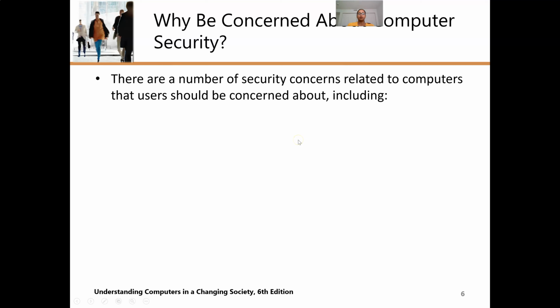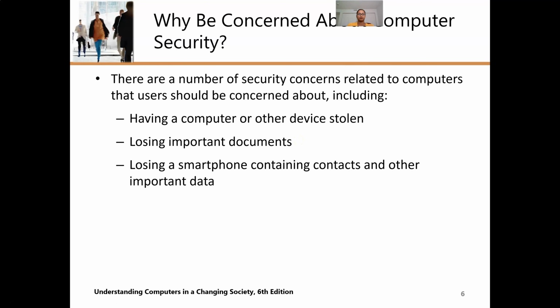Now, let us see what the concerns of computer security are. Computer security is concerned with four main areas: confidentiality, integrity, availability, and authentication. So what are these? Confidentiality means only authorized users can access the data, resources, and information.